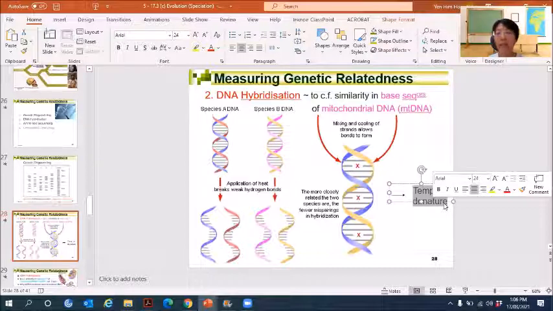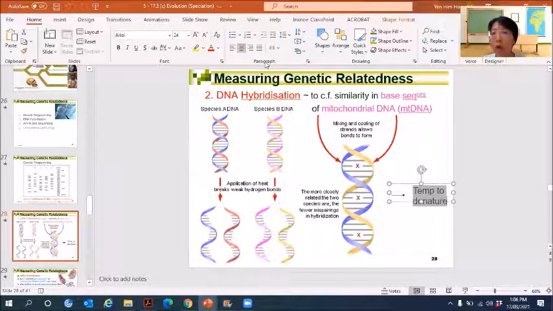So the higher the temperature, the more hydrogen bonds you need to break. That means there are more bases that can form complementary base pairing, so there is more similarity between the two DNA. So the temperature itself will be able to tell you the number of nucleotides that are similar between each other.